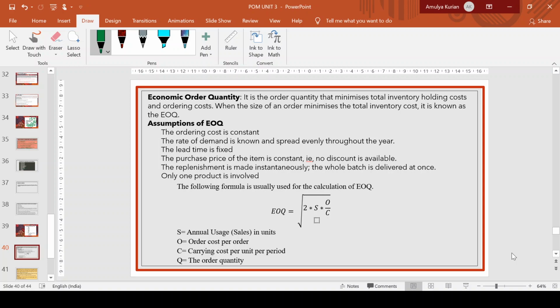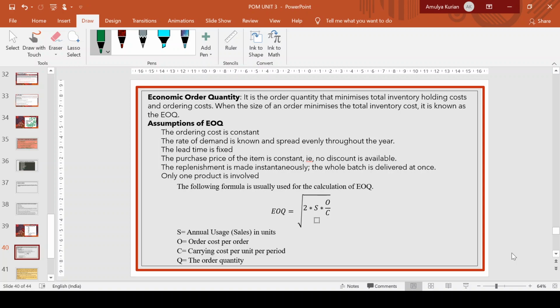How much is the ordering cost? That is order cost. Carrying cost is the variable cost per unit of holding an item in inventory. And there are other charges which will be involved, like interest and insurance. So that will come under carrying cost.